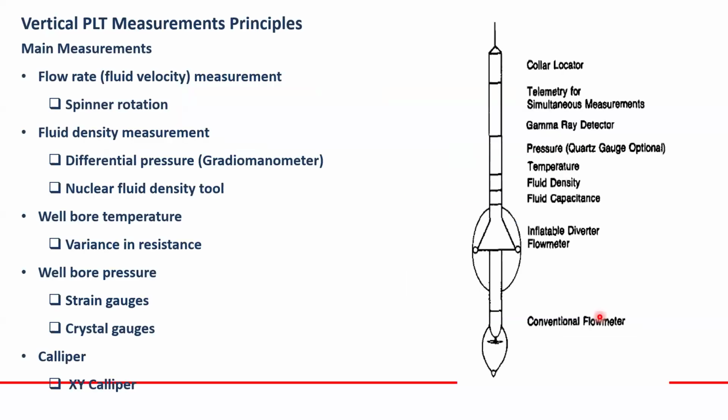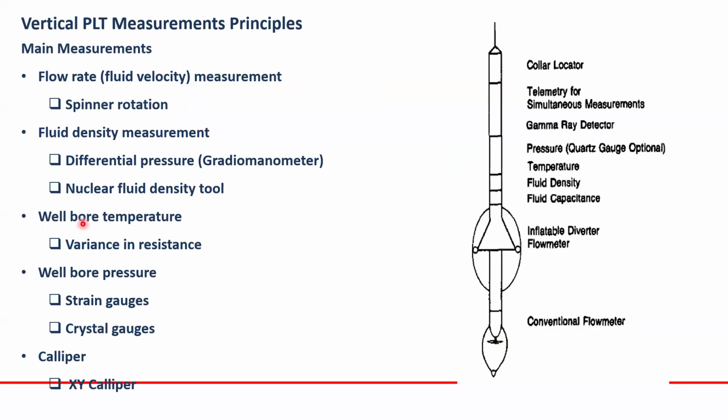The vertical PLT measurement tool is about 30 to 35 feet. Okay, it mainly measures flow rate, fluid velocity measurement using a spinner. We have one spinner called the conventional spinner, conventional flow meter here, and fluid density measurement, differential pressure gradiomanometer, and nuclear fluid density.